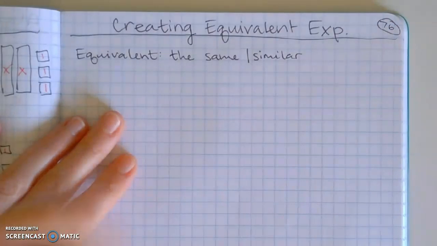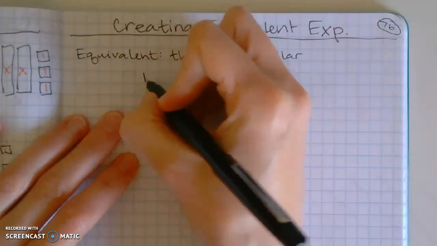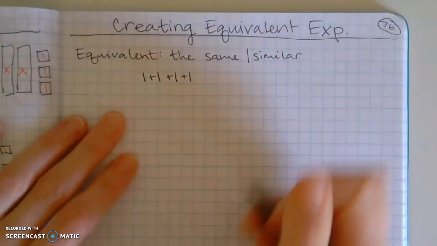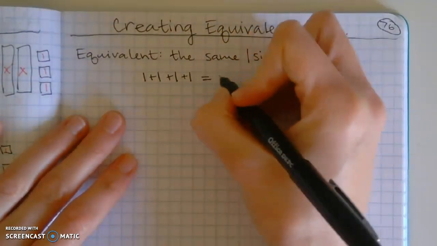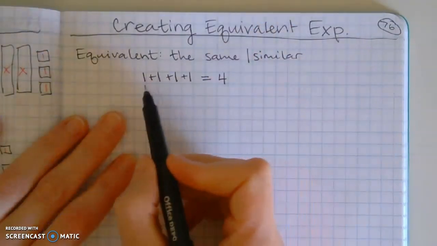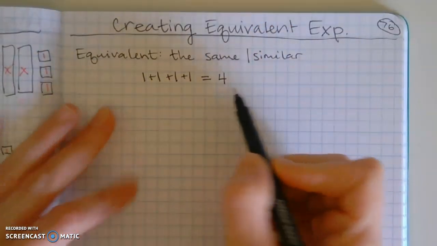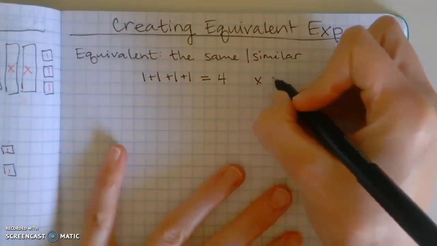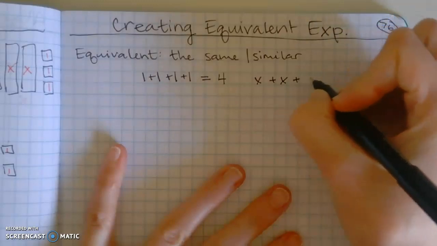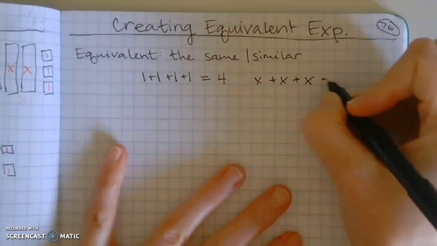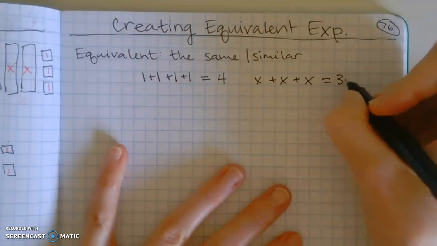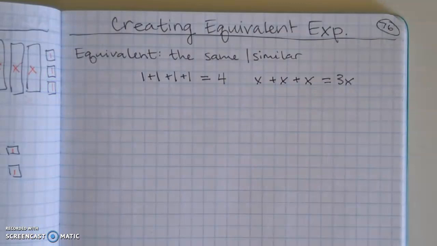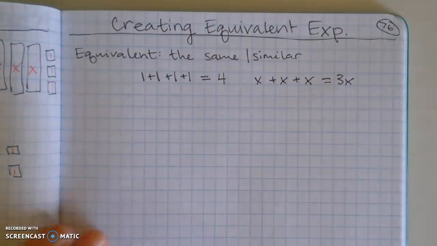I can say that 1 plus 1 plus 1 plus 1 is the same as 4. So this is the same as this. Likewise, x plus x plus x is the same as 3x. So that's equivalent, the same or similar.